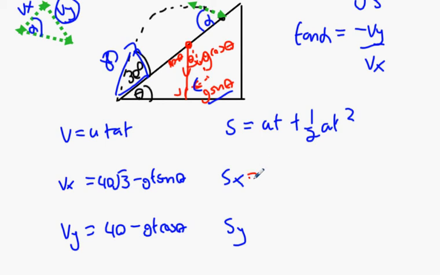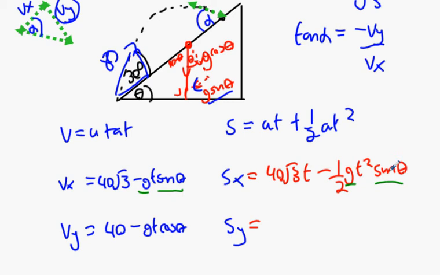Moving over to sx. The u value is 40 root 3 t. And then minus a half g t squared sine theta. It's still the g sine theta part. That's still there. That's the acceleration we're using. And the part after that, guys, it's going to be 40 t minus a half.